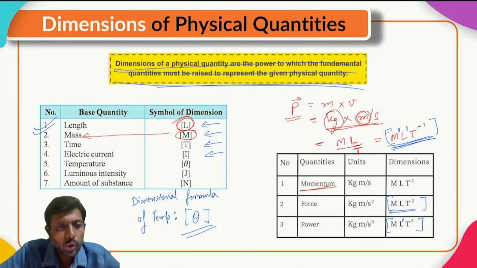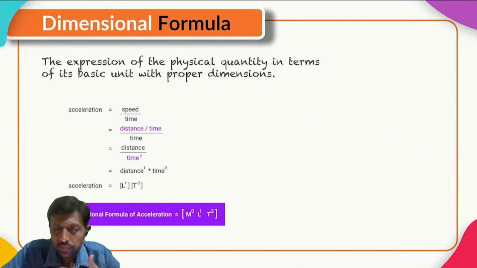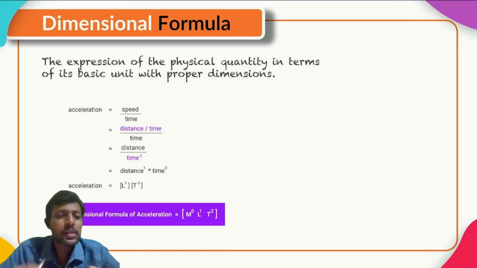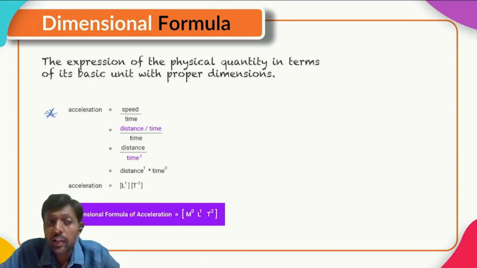What about derived quantities? For derived quantities, we express the derived quantity in terms of units of fundamental quantities. Once we have done that, we replace those units with the symbols of fundamental quantities. Let's try it out with this example. We're going to write the dimensional formula of acceleration.